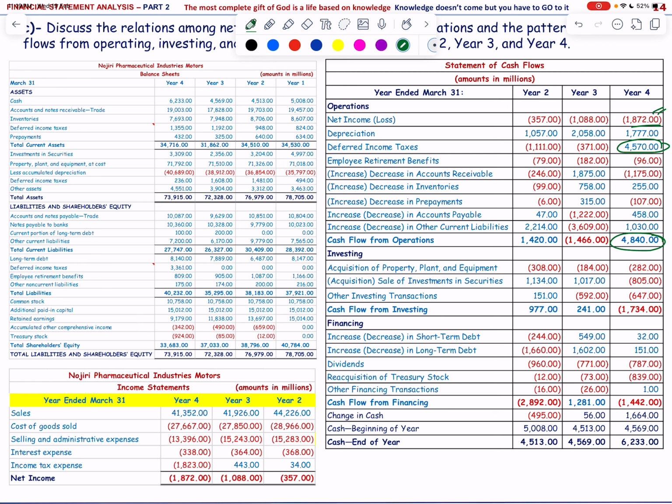Now, if you look at the sales, that sales is stable over a period of time. The company is facing an increase in the accounts receivable and notes receivable. You can see over here, an increase in accounts receivables over here.